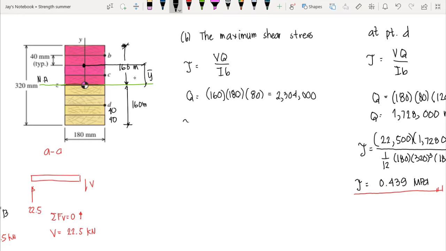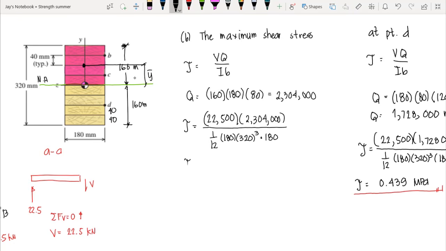Then we're going to use this value in our formula. We have our V, that is still 22,500 Newton. Our Q is 2,304,000, over our I, that is 1/12 base 180, then h cube, which is 320 cube, times our base of our shear area, that is 180.